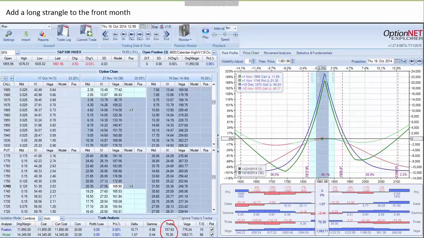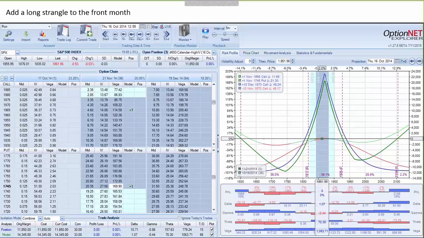So if we get a massive move in any direction, then we're not that bad. And on top of that, if we get a massive move, then probably IV is going to go up, and we're mostly long Vega, so the entire line is going to come up, right? So that's one option. This is adding a strangle to the front month, okay?